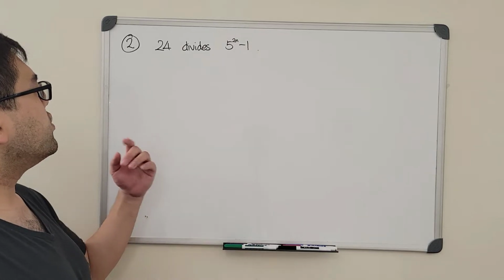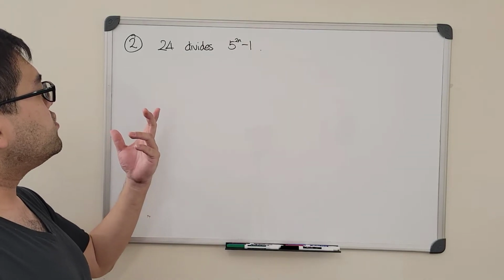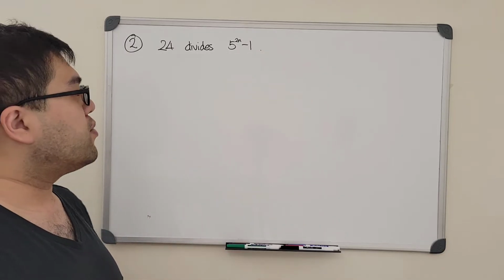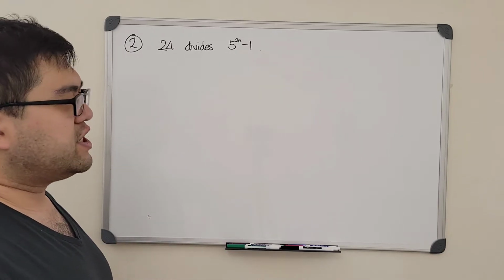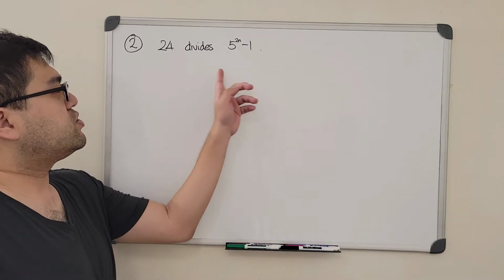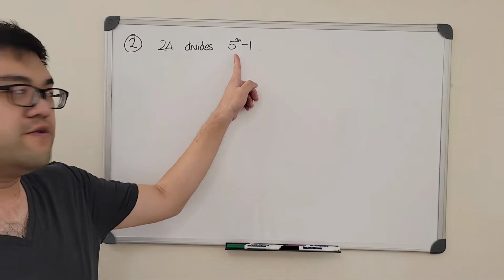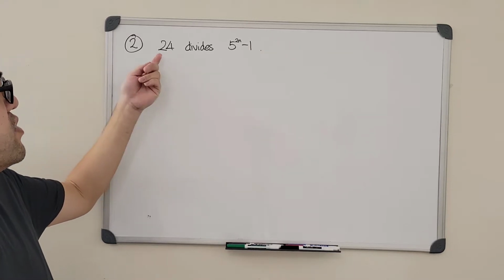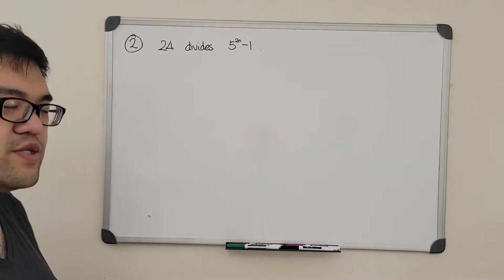All right. So in the second problem, we want to show that 24 divides 5 to the 2n power minus 1, which is equivalent to saying that the expression 5 to the 2n power minus 1 is a multiple of 24. So they just mean the same thing.